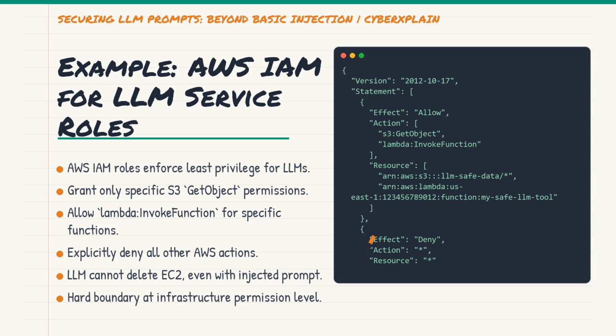It would explicitly deny all other actions. If an attacker injects a prompt trying to delete an EC2 instance, the LLM simply won't have the AWS permissions to do it, even if it thinks it should. This IAM policy acts as a hard boundary, preventing unauthorized actions at the infrastructure level.